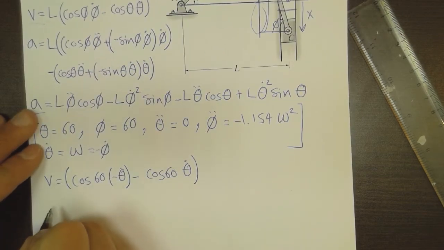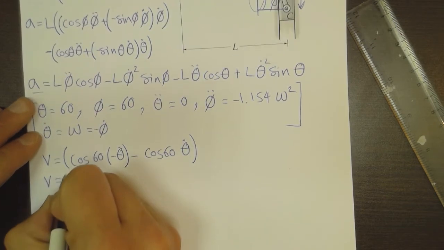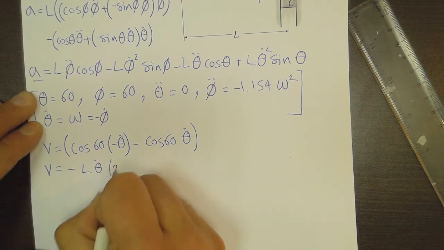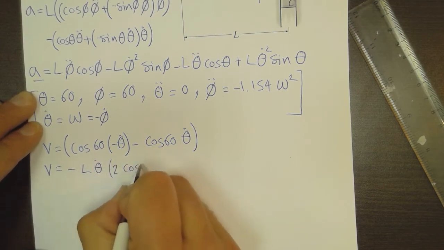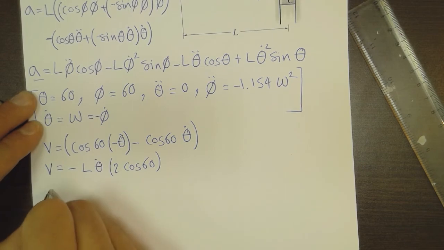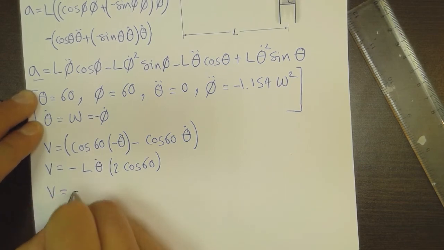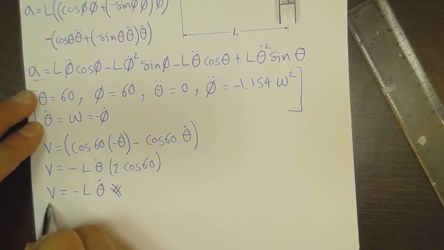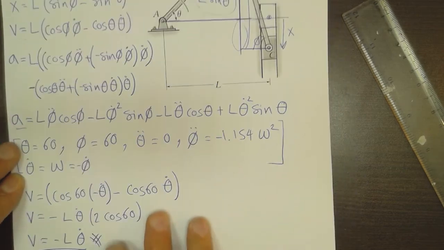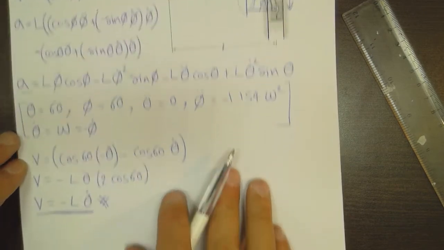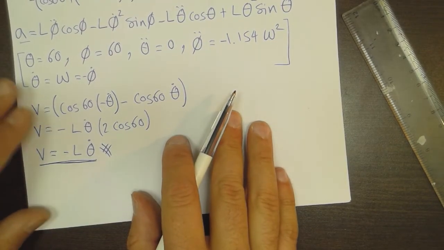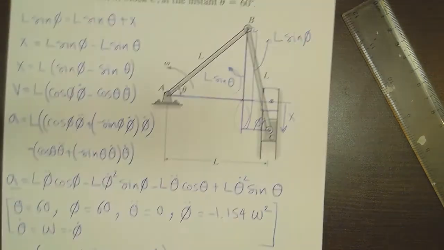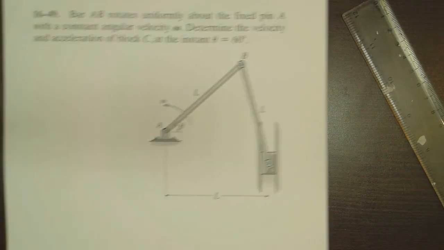This gives me v equal to minus L theta dot times 2 cosine 60, so v equals minus L theta dot, and this is the velocity of the slider here. Now for the acceleration, I can substitute the values on a new page.